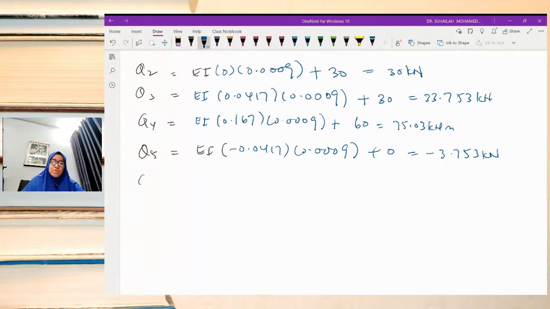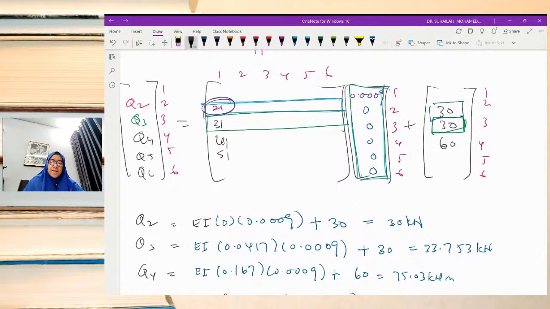And the last value, Q6. Q6 is EI, position 6,1.